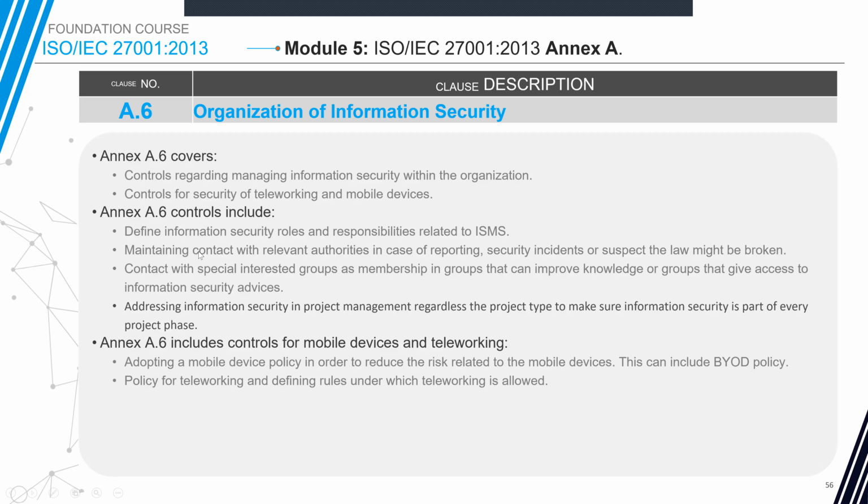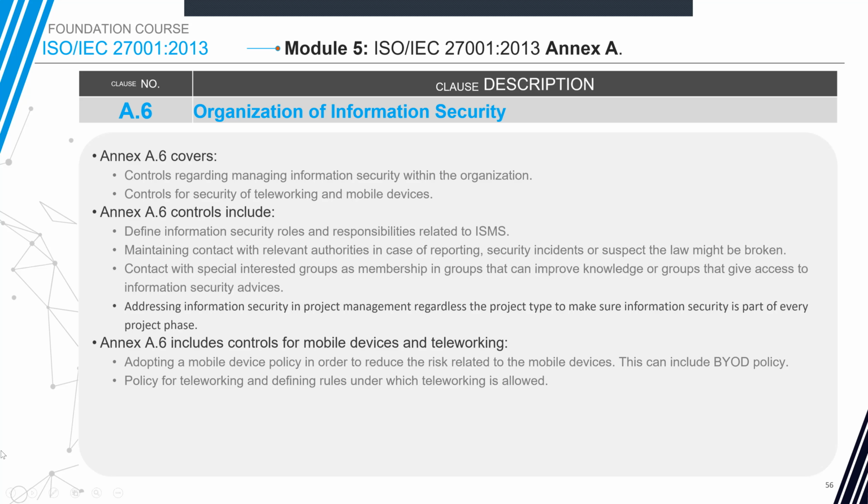Then you must have roles and responsibilities internally and externally. Internally and externally: who is responsible for information security inside the organization, and who is the contact person for the ISMS and ISO with the outside world, maybe vendors, maybe partners, maybe laws and regulations, maybe authorities, whatever it is.